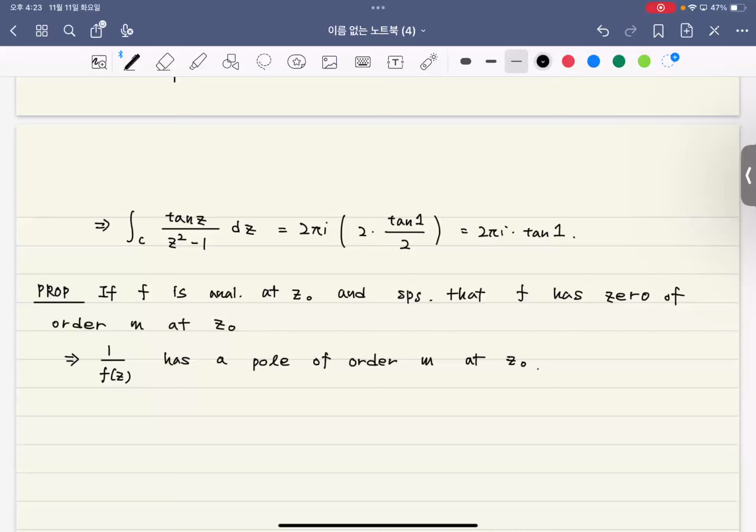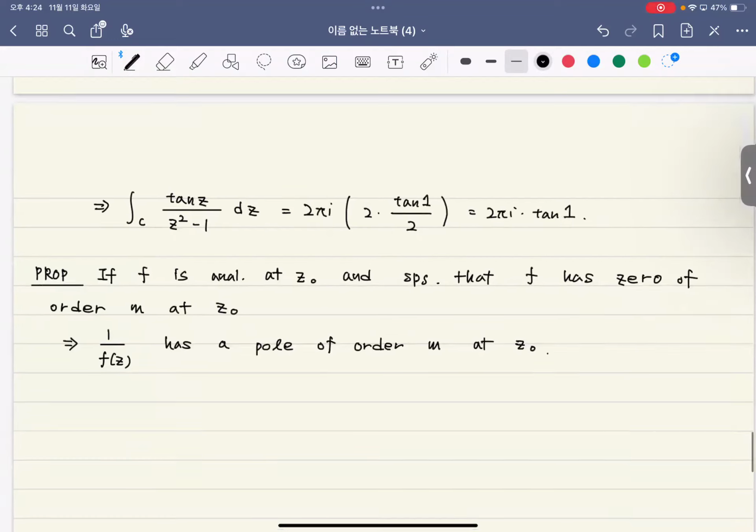Well, not a big deal. I think this is kind of obvious to me because some function has a pole of order m if and only if you multiply your function by z minus z0 to the m's power and take a limit, then you're going to get some non-zero number, right? Sorry, just forget it. I'm going to give you the official proof of this.